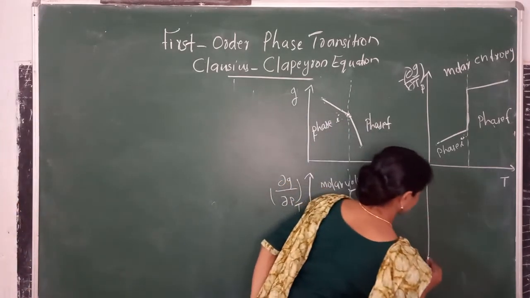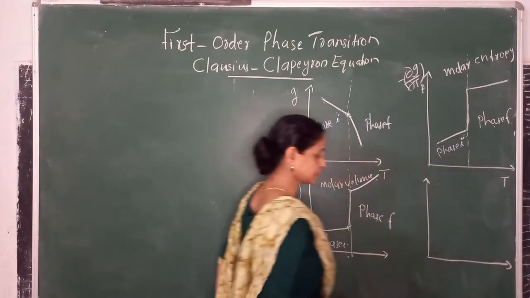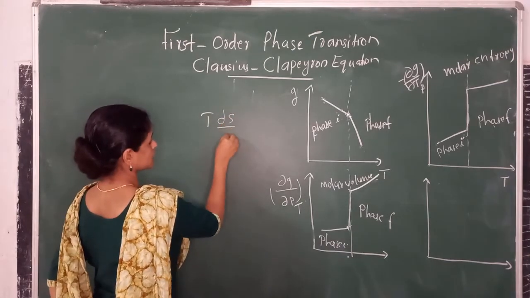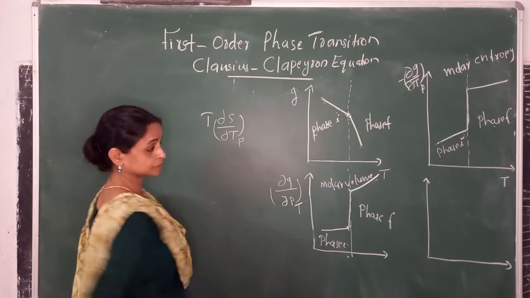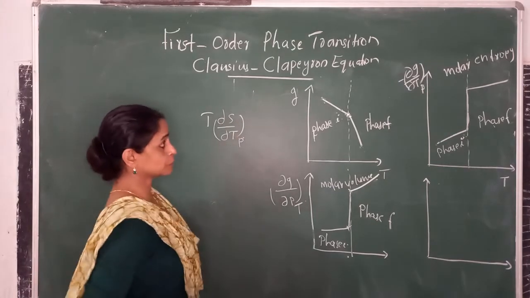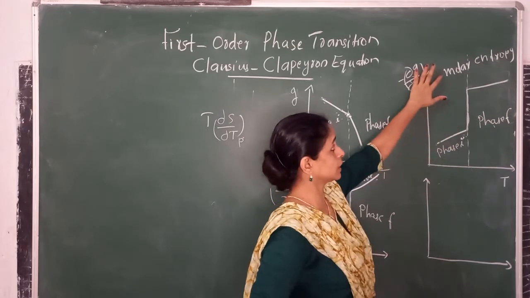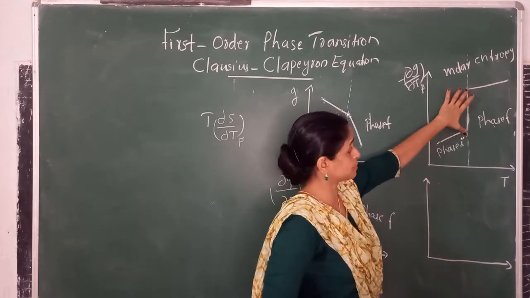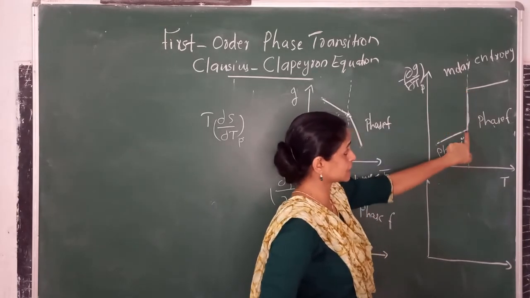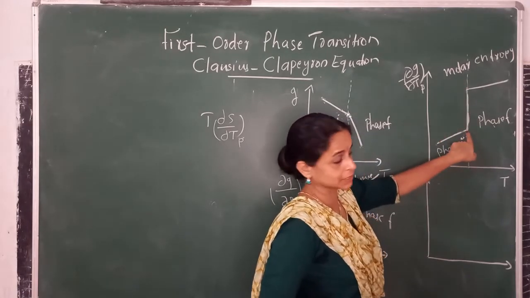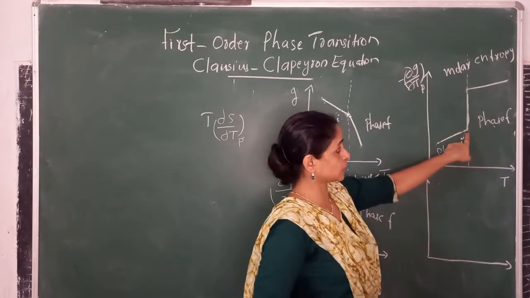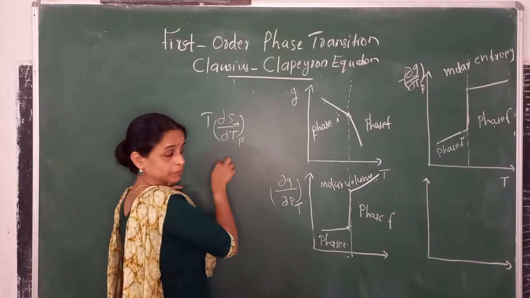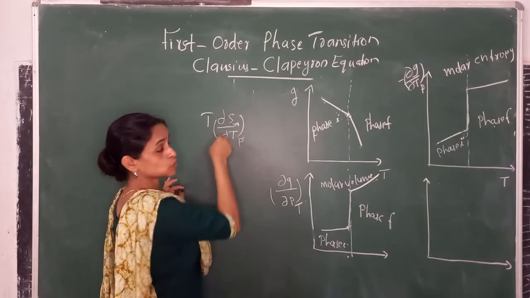The fourth block is for Cp. Cp is nothing but T into dou S by dou T at constant P. So dou S by dou T at P we take from the molar entropy graph. There is no change in temperature during this process, and the pressure is also constant.